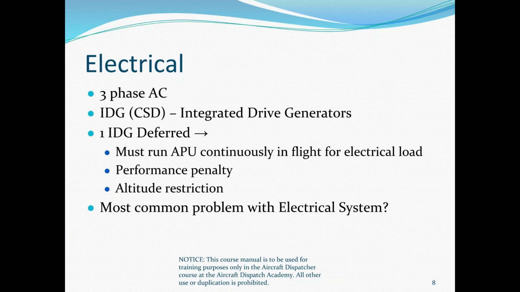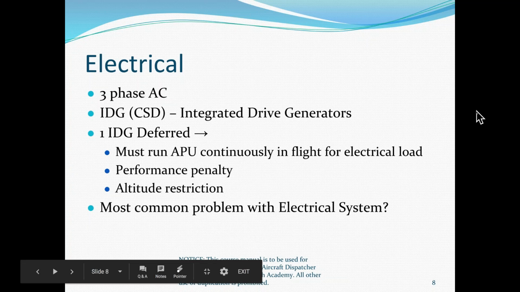Remember the APU, and I want you guys to definitely write this down if you haven't already: the APU burns 260 pounds of fuel per hour. That's on top of the engine burn, in addition to it.